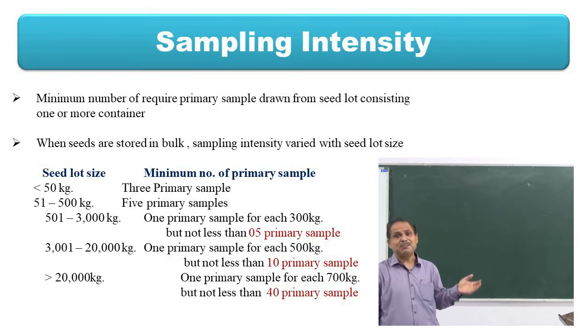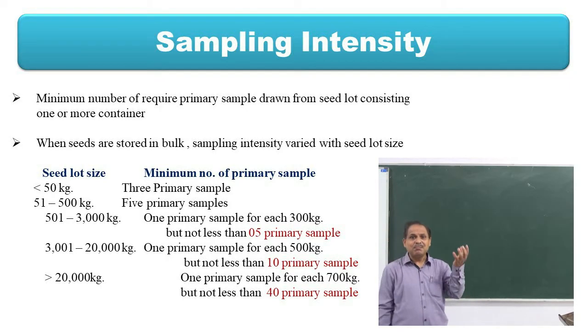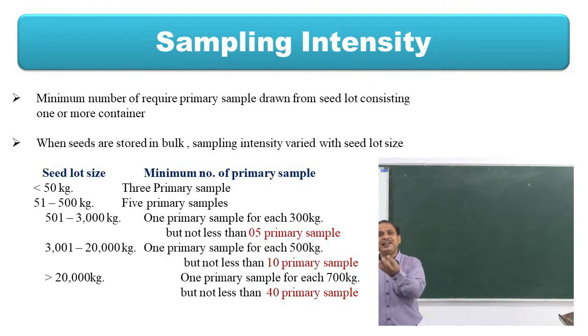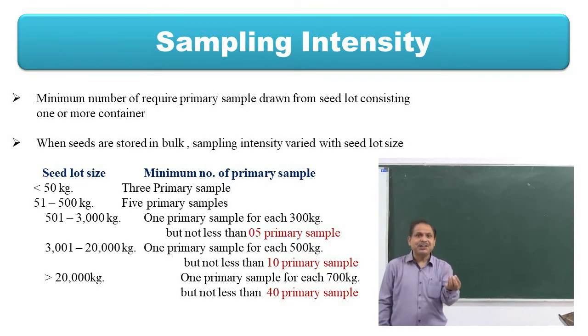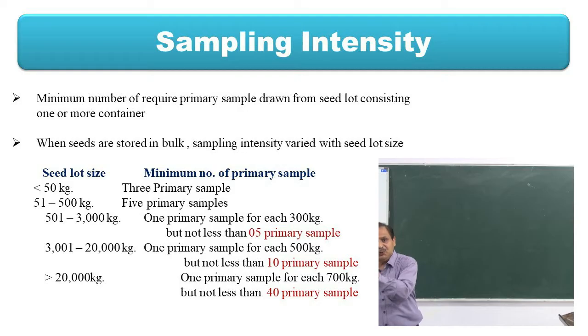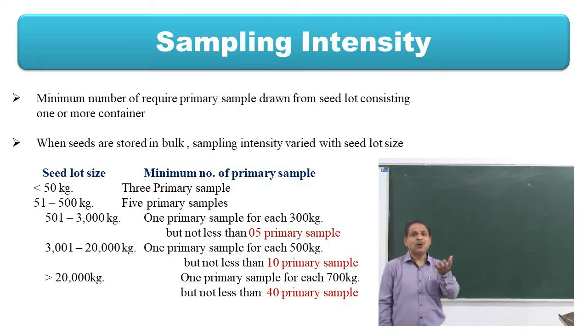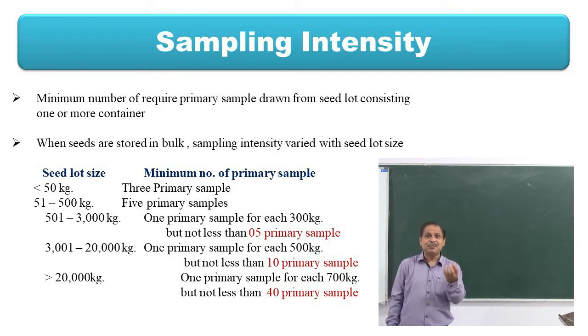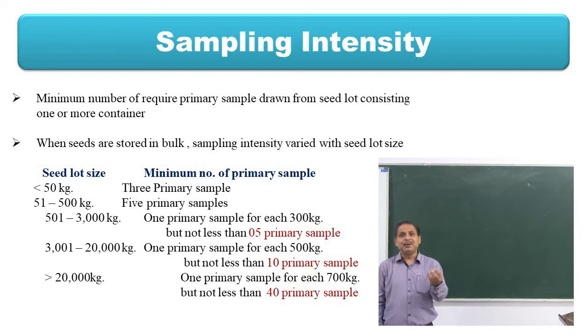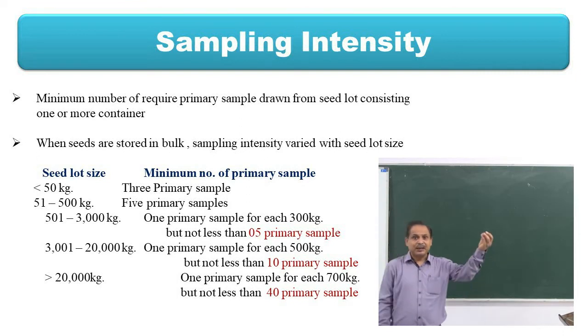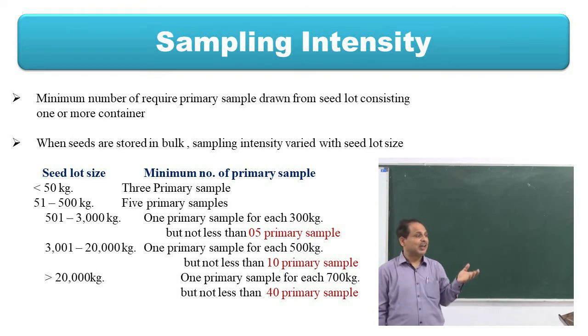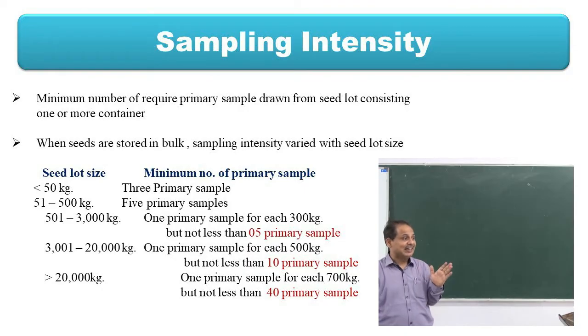What does it mean? It means the number of crops taken from a unit area in unit time. Similarly, the sampling intensity is the minimum number of primary samples taken from the respective seed lot.